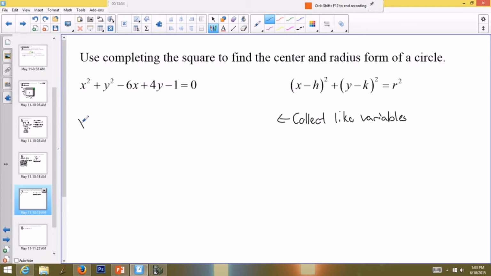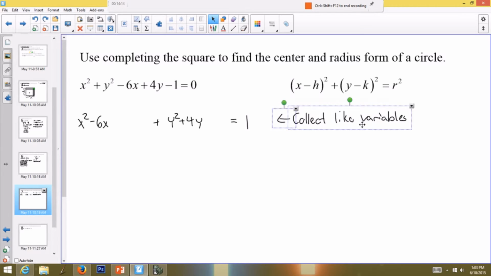So I'm going to write x squared minus 6x, and then leave a space to complete the square. And then y squared plus 4y, again leaving some space to complete the square, and move the constant to the other side, leaving me with just 1.